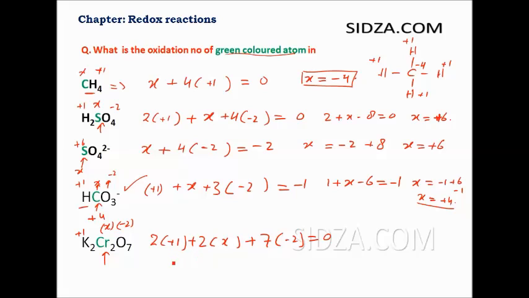Okay, so now very simple. Now the simple maths, 2 plus 2X minus 14 equals 0, correct? So you can say 2X will be plus 14 minus 2, right? So X will be equal to 12 by 2, which is plus 6. So that means the chromium in the potassium dichromate has the oxidation state of plus 6. Hope you got the concept.